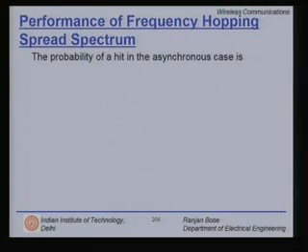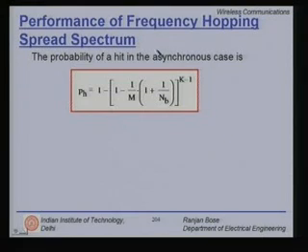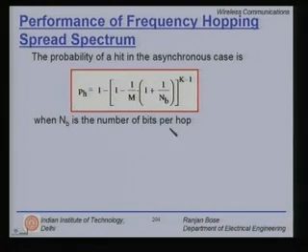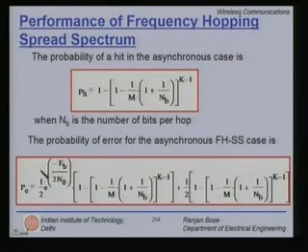However, for the asynchronous case, the probability of a hit can be shown to be this quantity. Here NB is the number of bits per hop. The probability of error for the asynchronous frequency hopping spread spectrum case is given by the following expression.